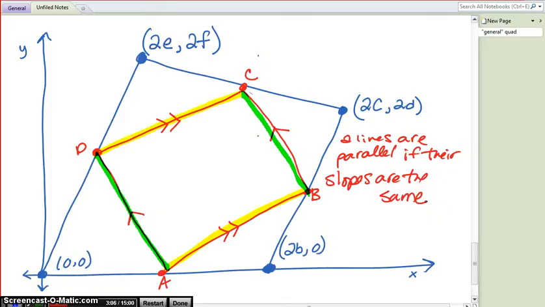In order to do that, I need some coordinates, right? Because the slope formula is y2 minus y1, that's the difference in the y-coordinates, over x2 minus x1, that's the difference in the x-coordinates.